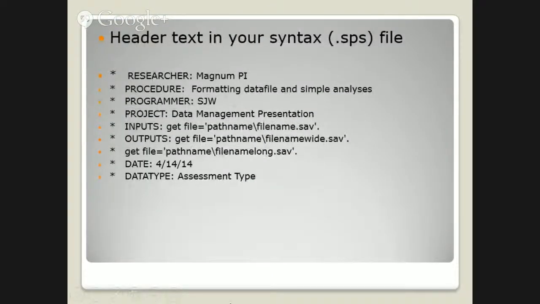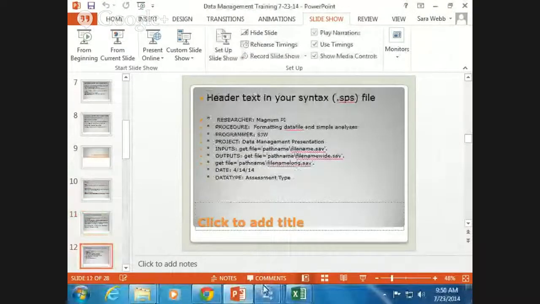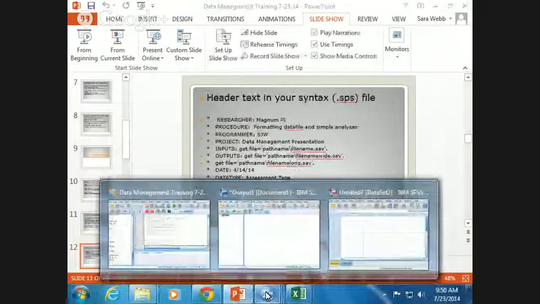Okay, so I'm going to open SPSS now. There was a little issue with the computer having a couple different versions of SPSS, so it's already open, but it's not that exciting.